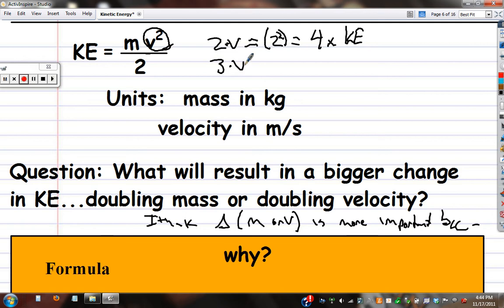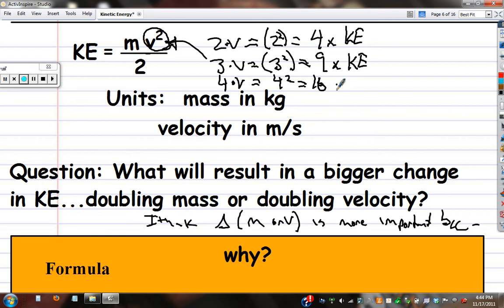If we triple velocity, then you have to put a 3 here. That's 3 squared, which equals 9 times the kinetic energy. So incremental changes in velocity make for exponential changes in kinetic energy. Small changes here make for big changes here because of this fun little squared deal.